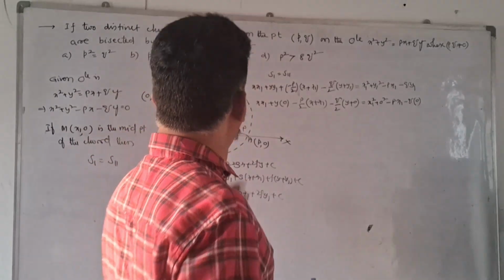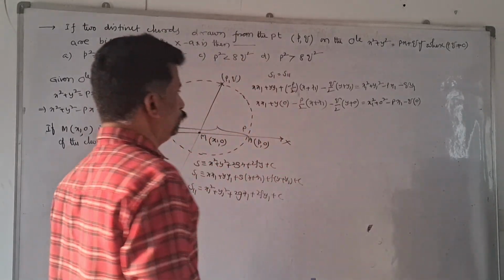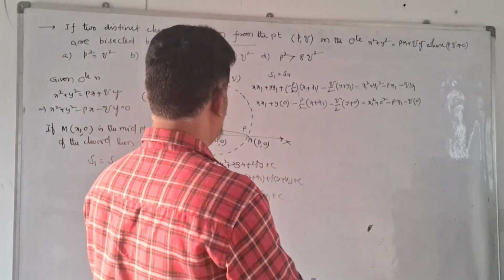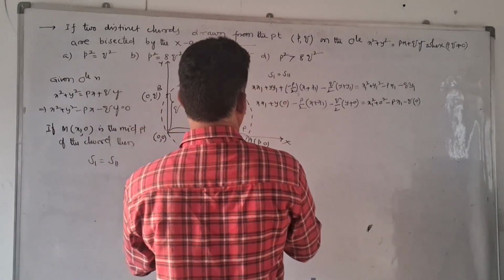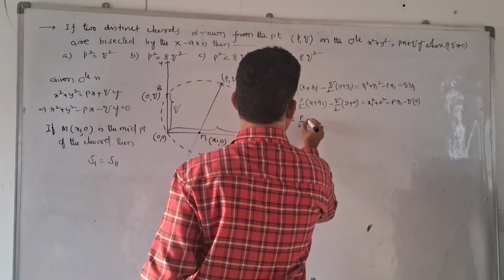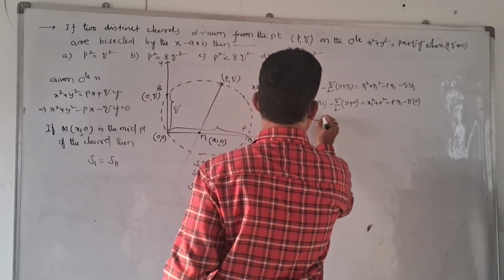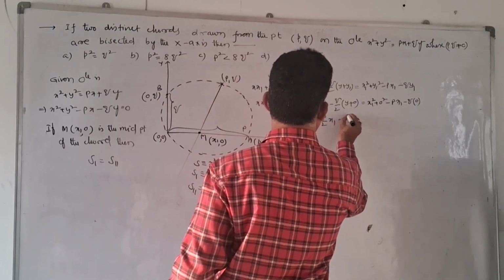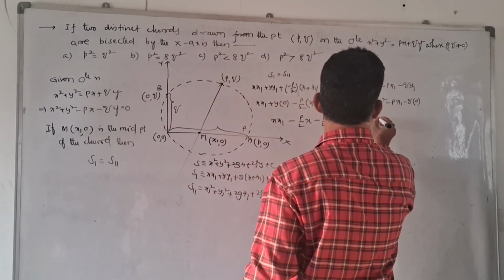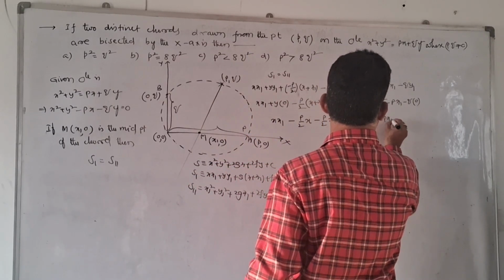Now look at the board. x x1 plus y into 0 minus p by 2 into (x plus x1) minus q by 2 into (y plus 0), like this. So this implies x x1 minus p by 2 into x minus p by 2 into x1 minus q by 2 y is equal to x1 square minus px1.